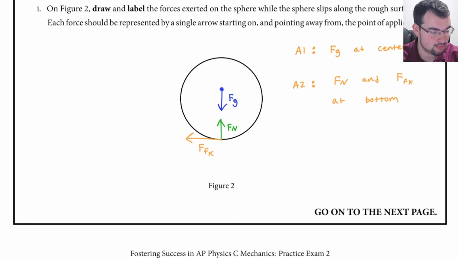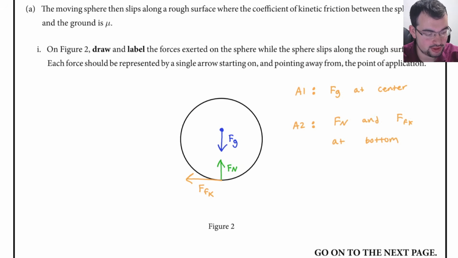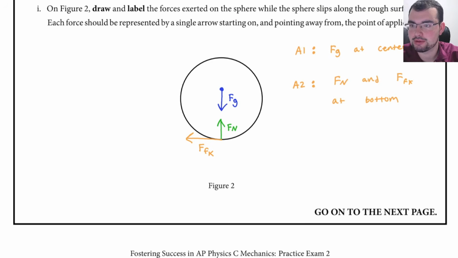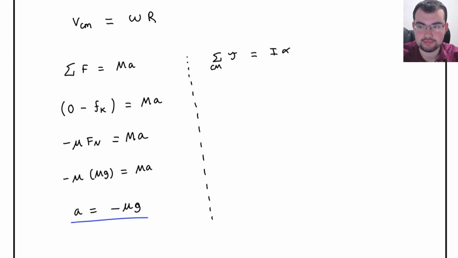We're looking at the rotation about the center of mass, so we should use the center of mass here. So the only force that causes a torque is going to be friction, and that is a speeding up torque, because normal force has a lever arm of 0, and gravity is acting at the pivot point, so nothing there.